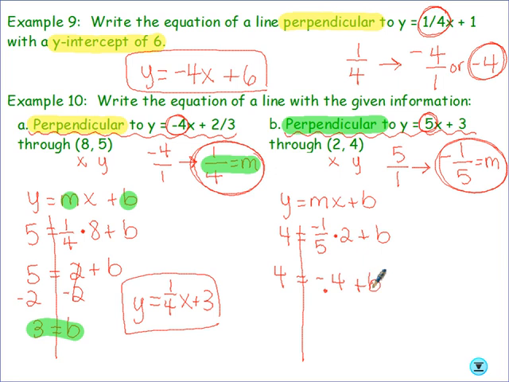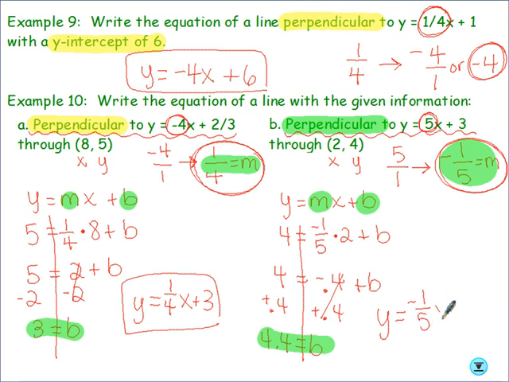We need b by itself. We're going to add 0.4 to both sides. 4 plus 0.4 is 4.4 for b. We are now ready to put m and b here and there. Final answer, y equals negative 1 over 5x plus 4.4.